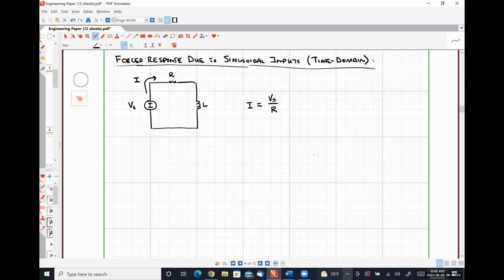So based on that logic, if I had the following circuit where I have a time varying voltage source connected to a resistor and an inductor, I'm going to call this I of t, inductor is L. I would expect that my current I of t will have the same form as my forcing function, right?